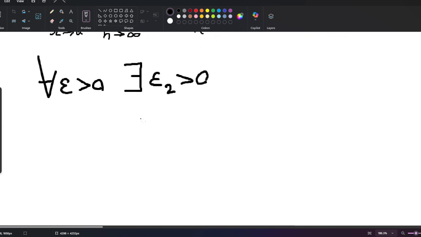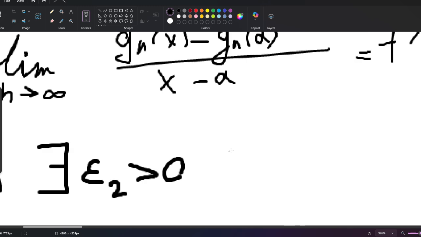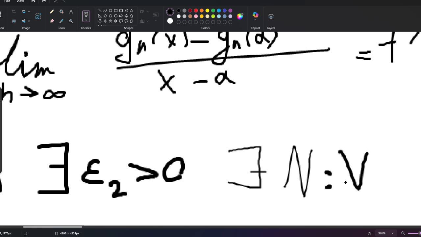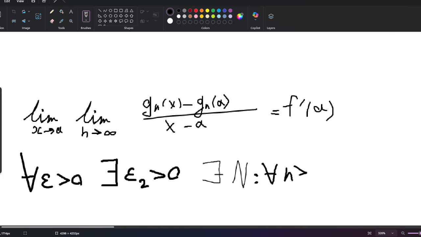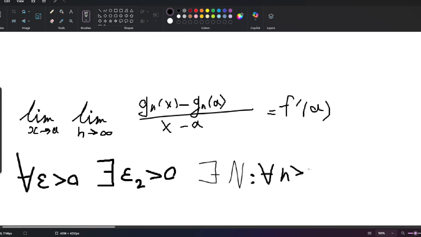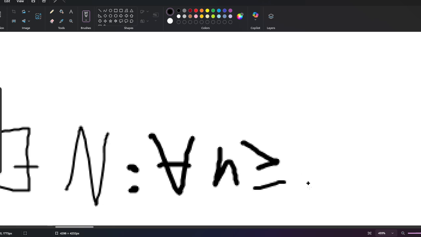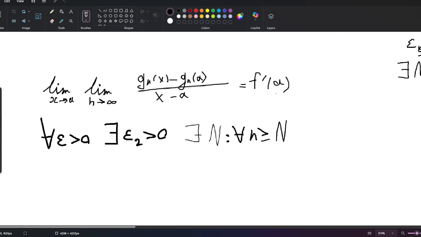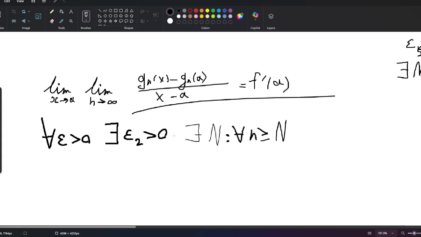So for every epsilon greater than 0 there exists epsilon 2 greater than 0, such that there exists capital N, such that for every n greater than or equal to capital N, this thing is going to be less than epsilon when you take the difference with f prime of a.